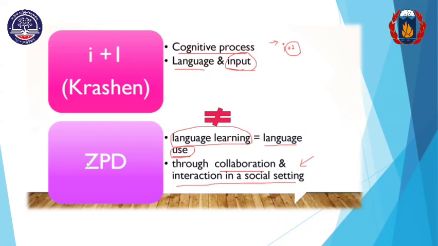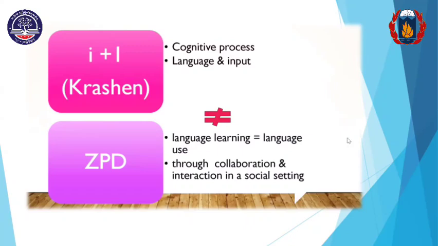But ZPD is more focused on collaboration and interaction patterns. If you want to know more about ZPD, I can elaborate in the next lesson, teacher. Yes, teacher. Because Vygotsky explained a lot about the social interaction pattern in ZPD.